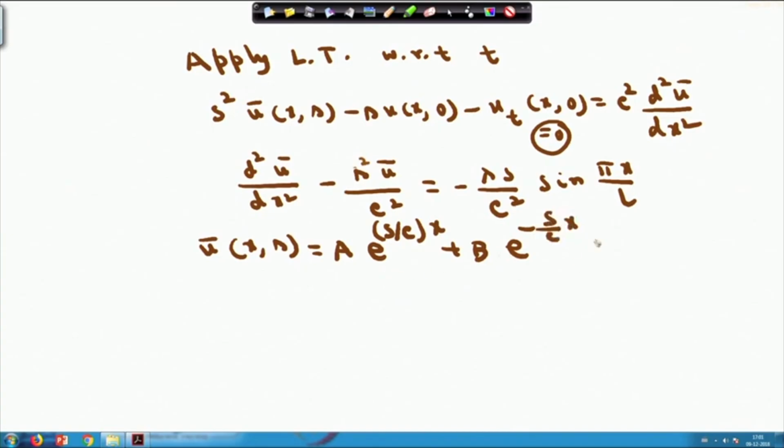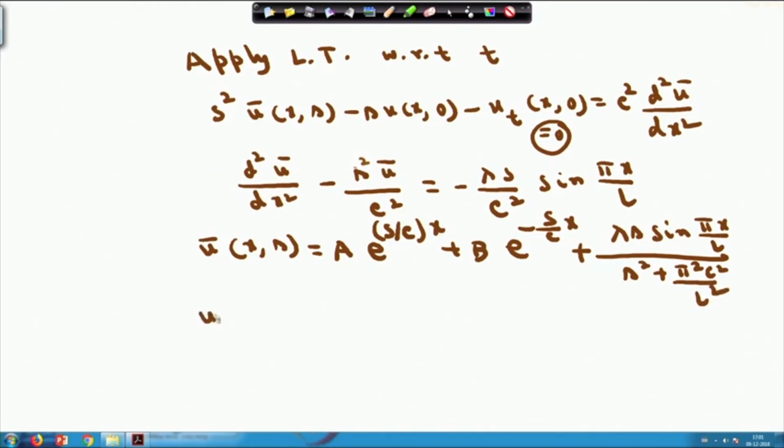This is the CF part, and the PI part will be λ s sin(πx/L) divided by (s² + π²c²/L²). Now, the Laplace transform on the boundary conditions: from there you can write down ū(0,s) = ū(L,s) = 0.